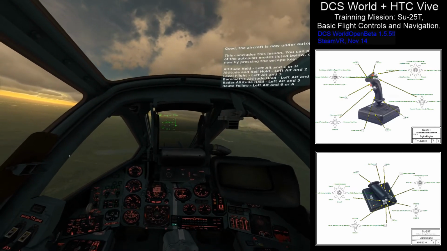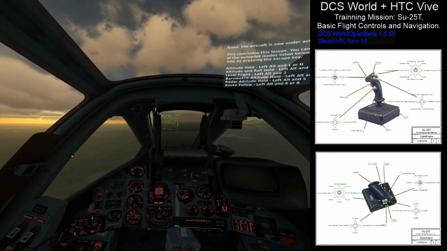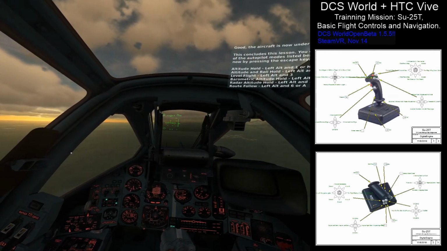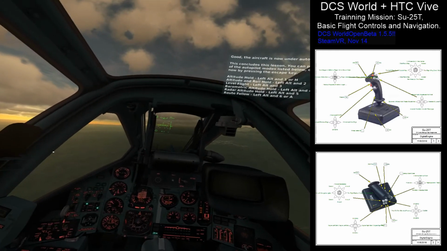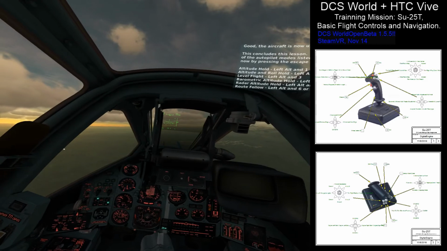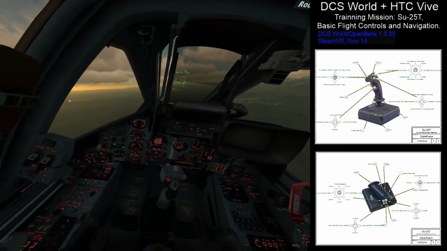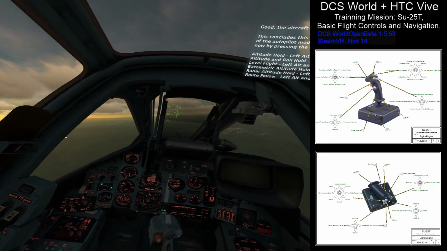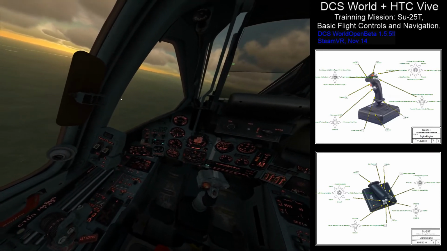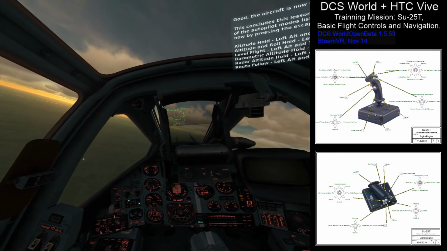Okay, below 2,000 meters. And again, let's set our radar altitude hold mode. So, this mode is indicated by the number 1 and number 6 ACS push buttons being illuminated.